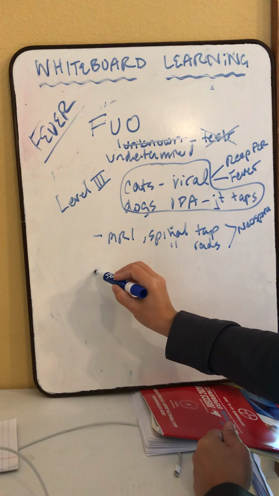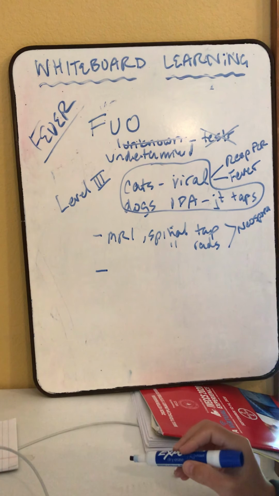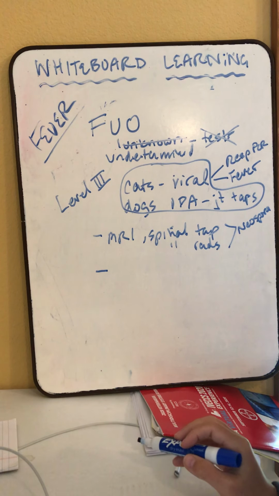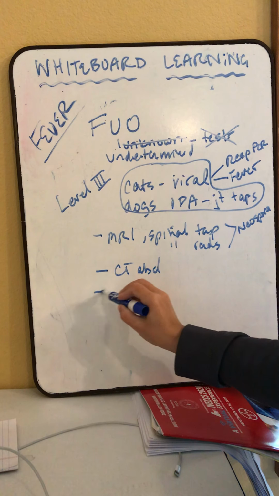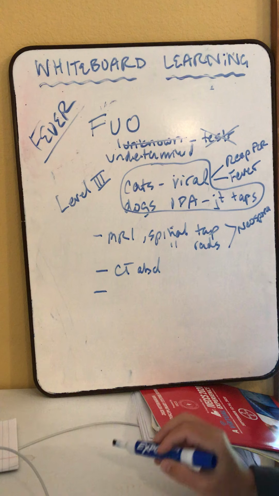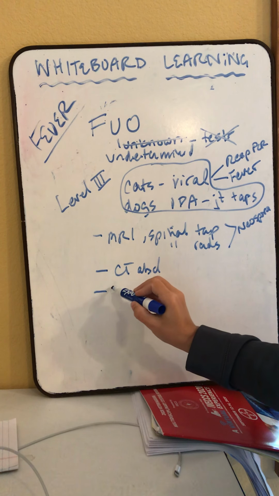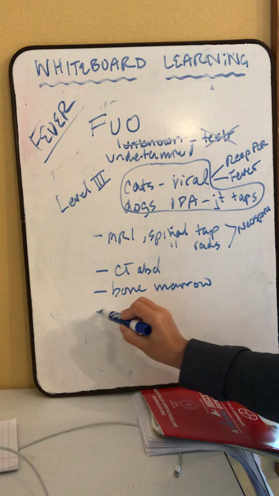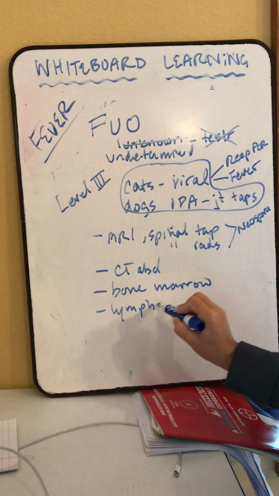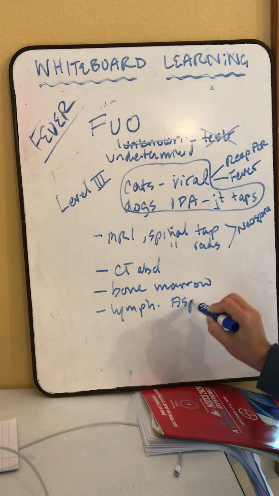If you think your pet has a vague abdominal problem, you might do a CT of the abdomen. If you think it has low cells, like low white cells or platelets, but it's not immune, you might do a bone marrow. You might do lymph node aspirates, or you might do spleen and liver.